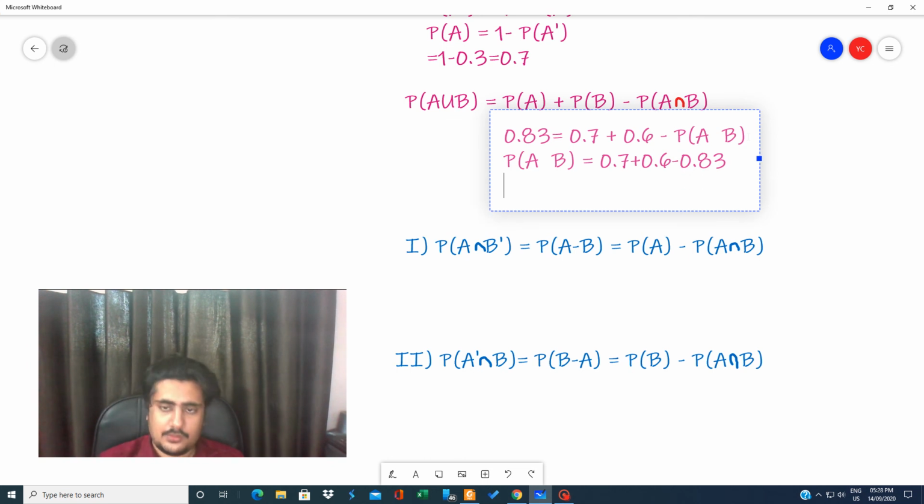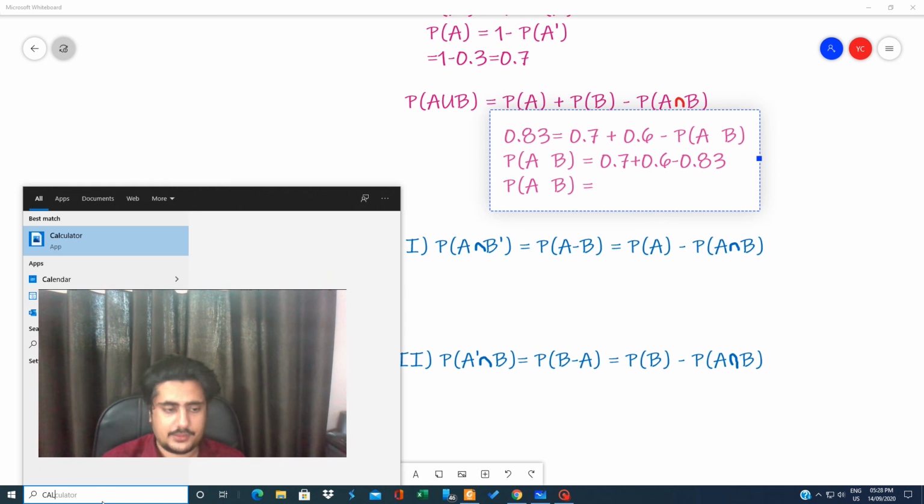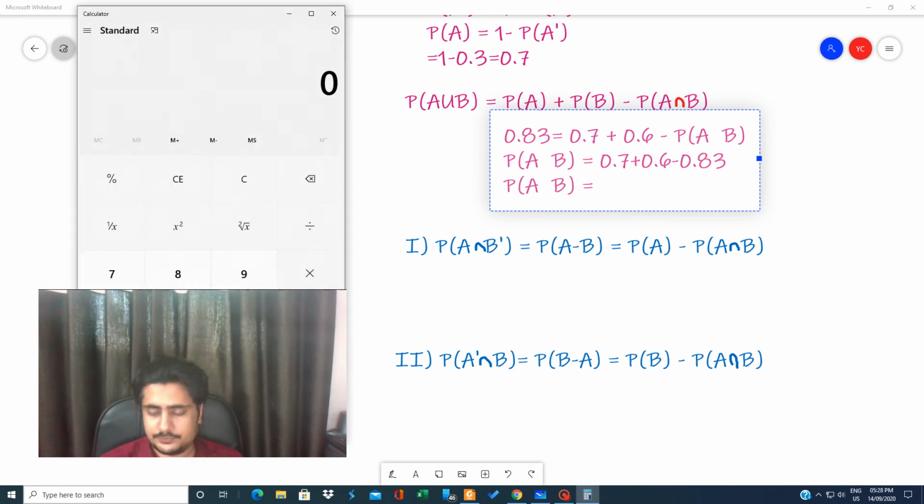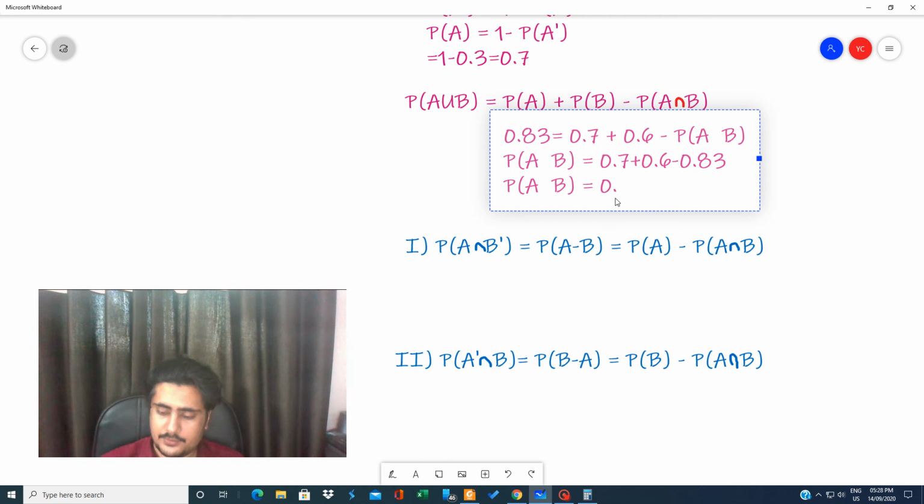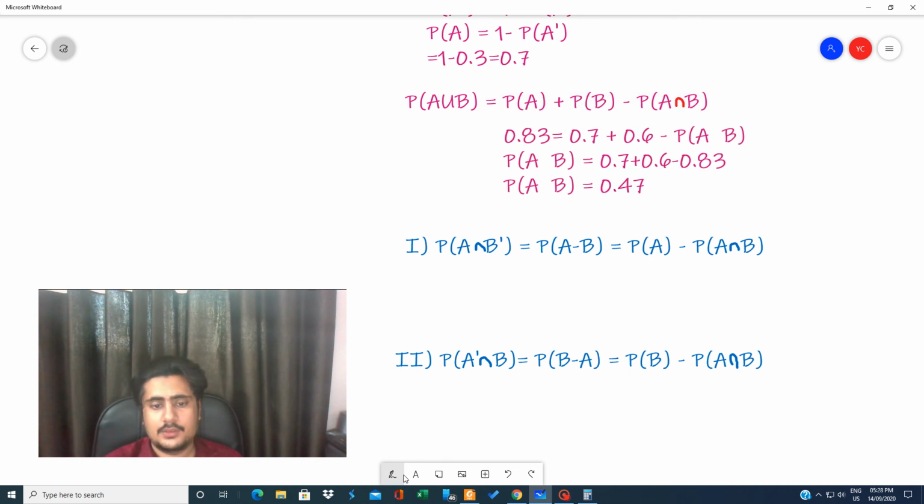So your answer, that is P of A intersection B, will be 0.7 plus 0.6 minus 0.83, which is 0.57. Now this is your intersection. Now if you want to find A minus B, then what is A? 0.7 minus 0.57. So your answer is 0.23.